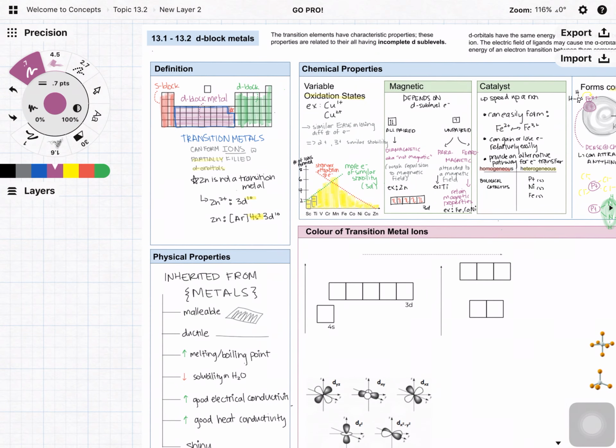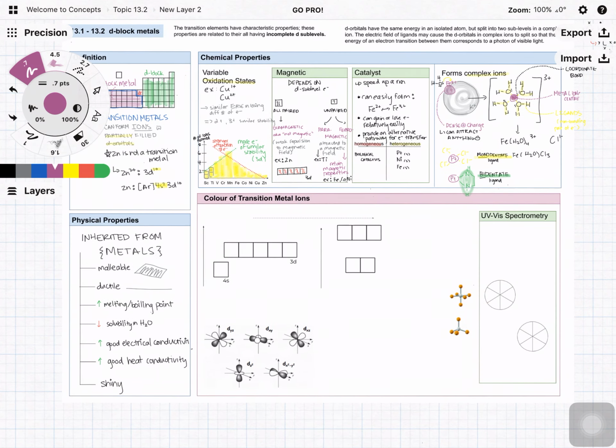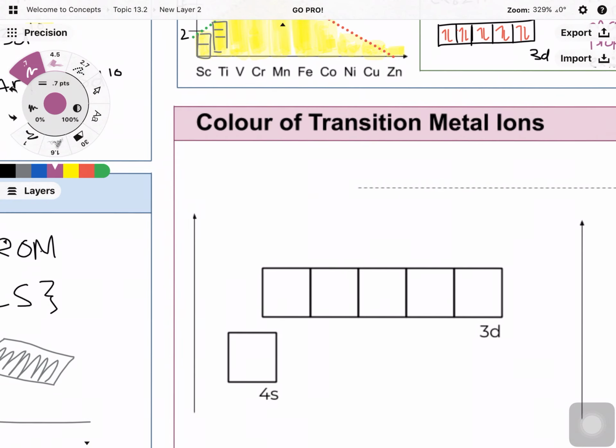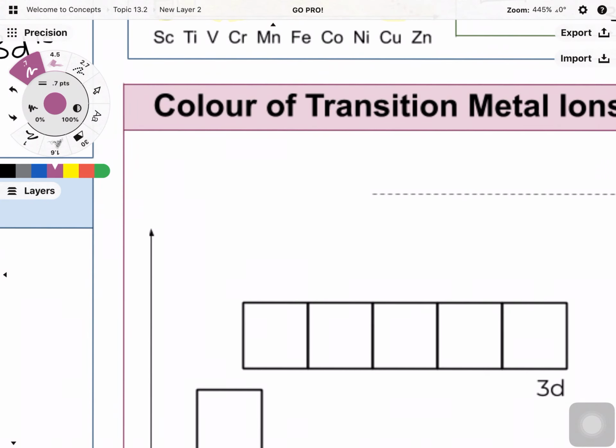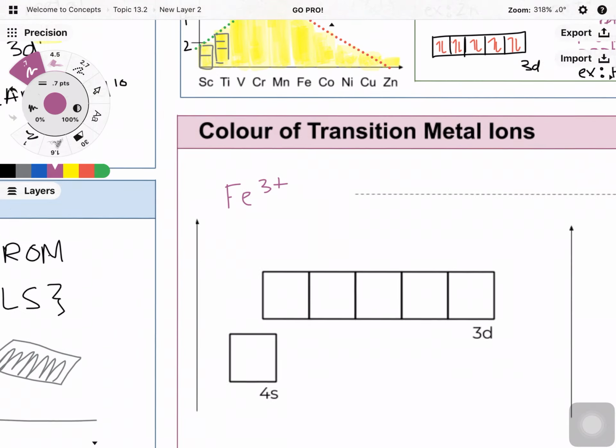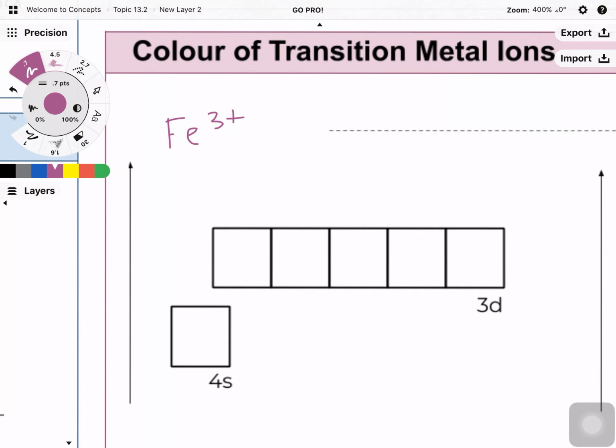Okay, so let's take a look a little deeper at the complex ions formed by transition metals. Specifically, let's draw out an orbital diagram of iron 3 plus. Normally, if iron had all of its electrons, it would look something like this.